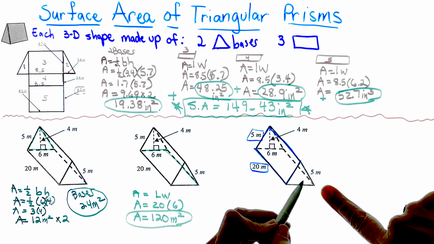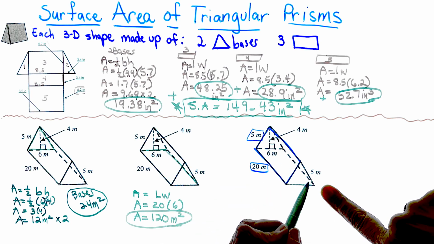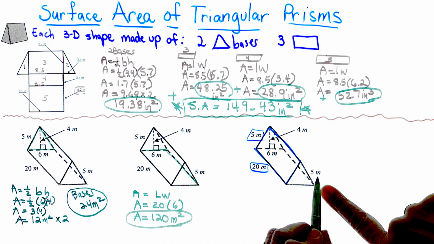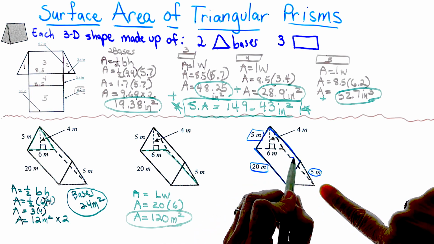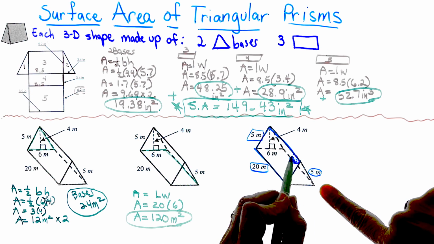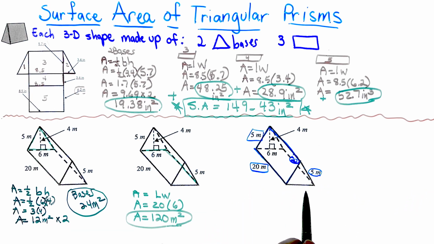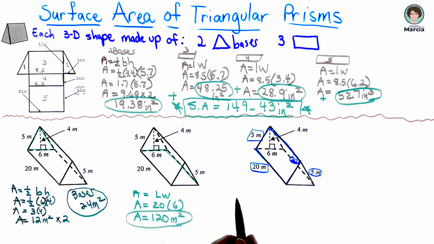But notice, for the other side, here's a 5 and here's a 5. So, and again, if this is 20, we know this is 20. So that means for this problem, 2 of the sides are actually the same rectangles. So I'm going to go ahead and label just my sides so you can see it in blue.